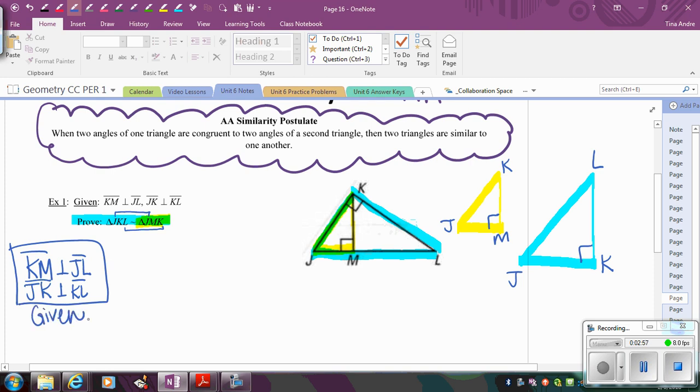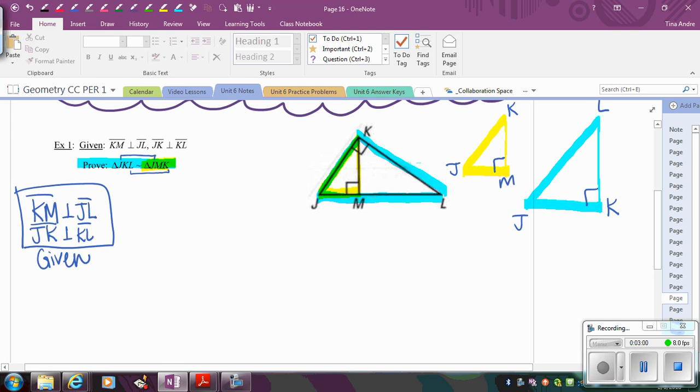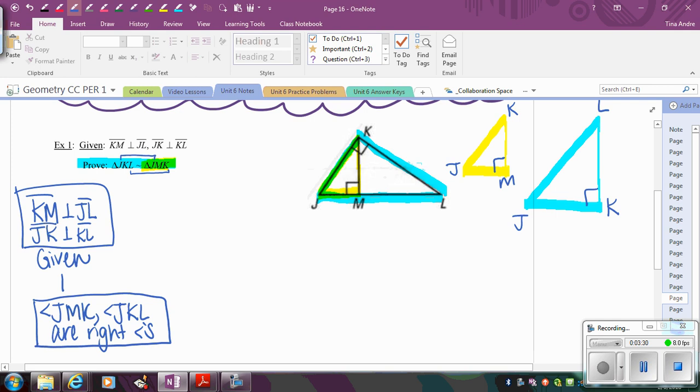And then from here, I'm going to talk about those right angles. So I have angle JMK and angle JKL. I'm using three letters so that I'm talking about the same angle in my separated picture versus the original. So angles JMK and JKL are right angles, and my reason is because we were given the perpendicular lines.